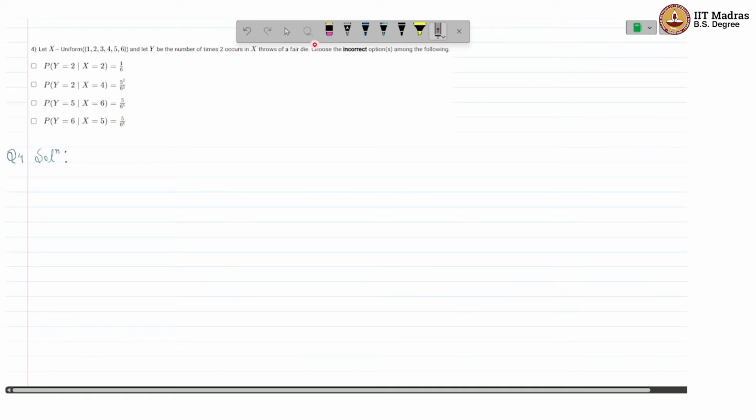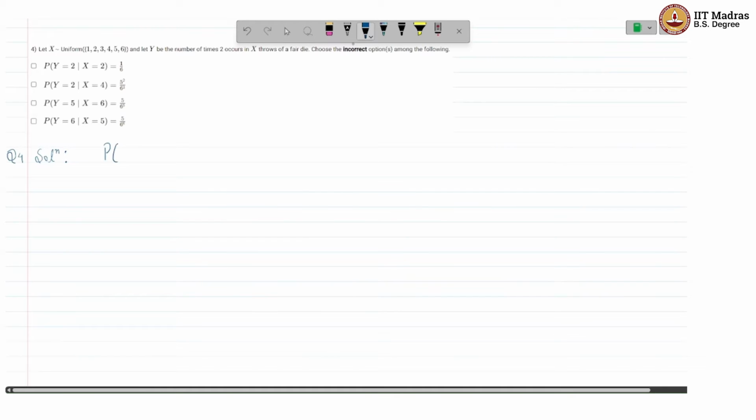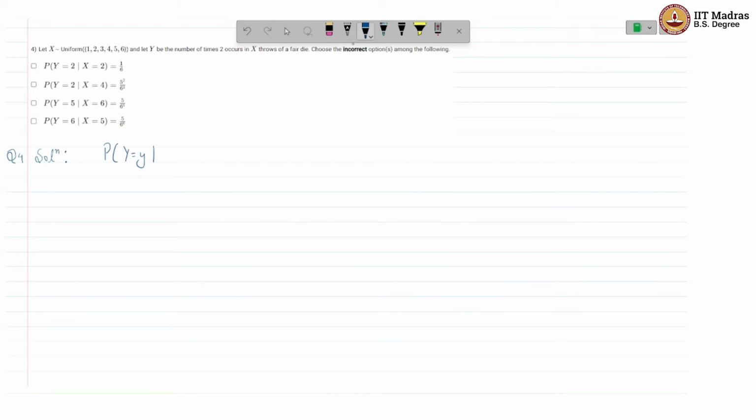In the options, we are given the conditional probability of y given x. So before going through the options, let us look at the distribution of the conditional probability of y given x. For y is equal to some small y, the probability that y is equal to some small y given x is equal to some small x will follow a binomial distribution where n is equal to x and p is equal to 1 by 6.